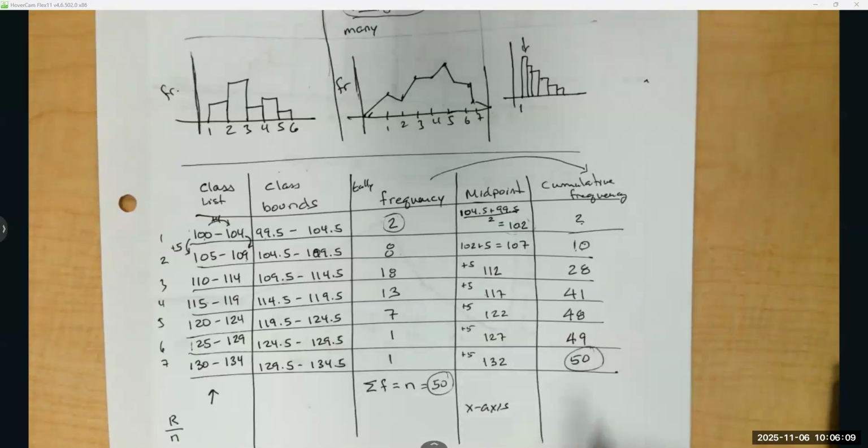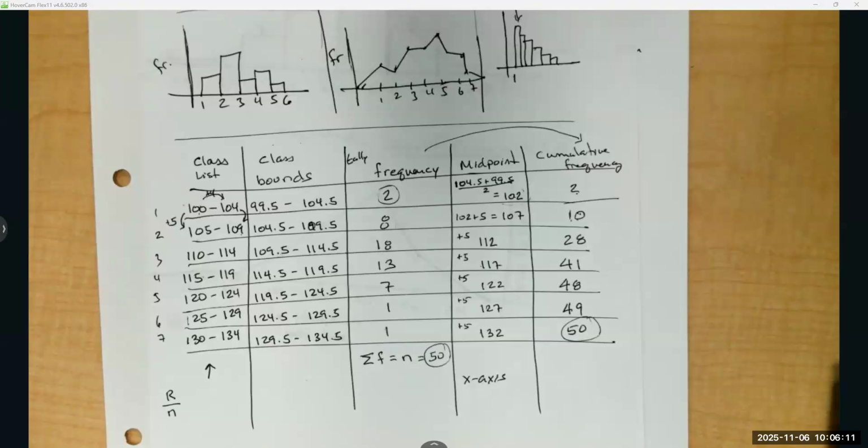These two numbers should equal. If they don't, then we can't do anything with it.